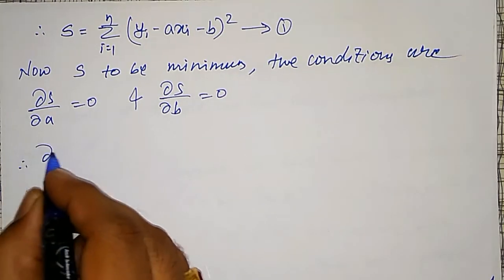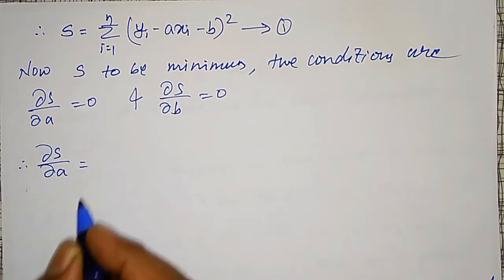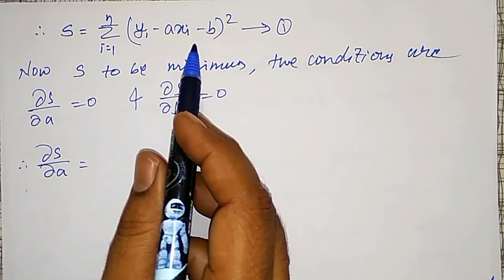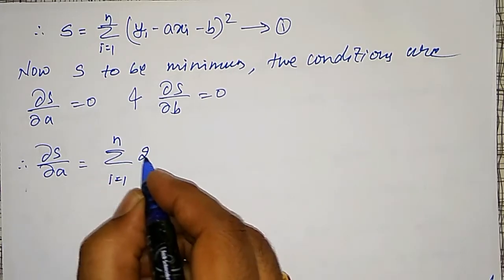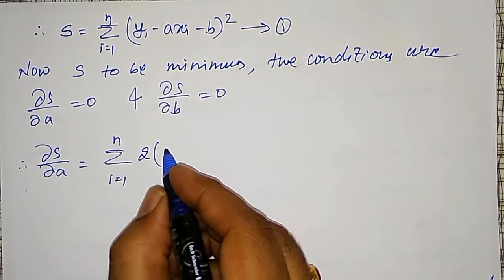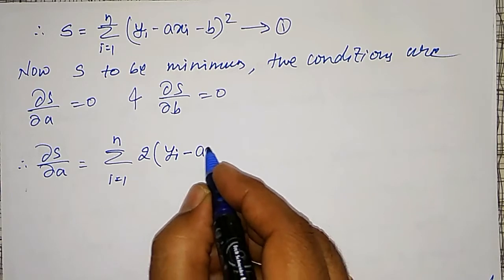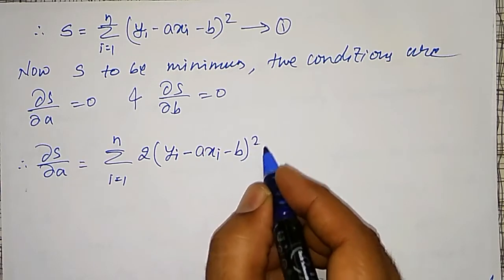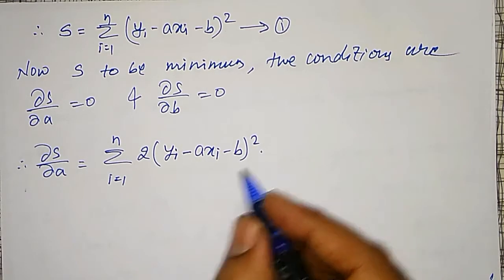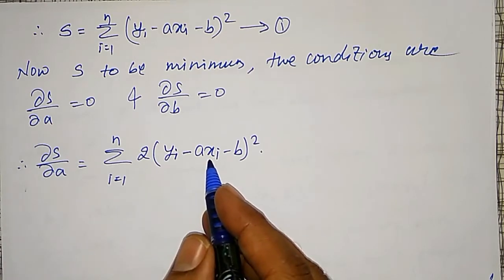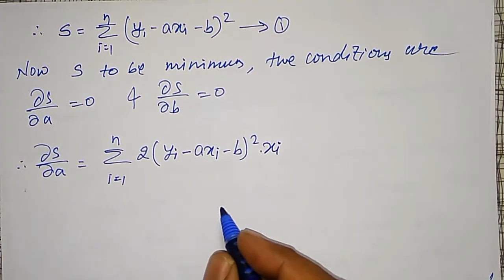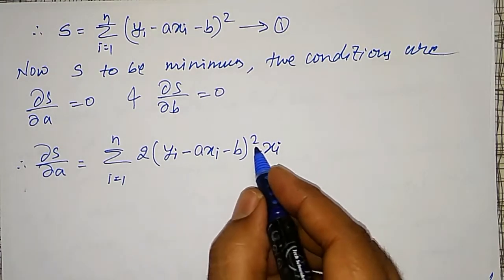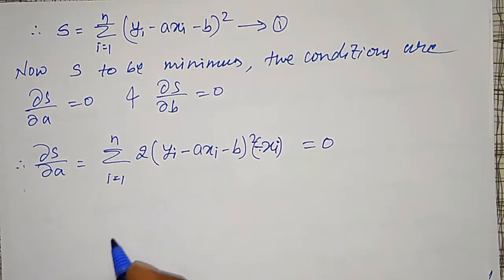Therefore, dou S by dou a is obtained by differentiating partially with respect to a: summation i equal to 1 to n, 2 times (yi minus axi minus b), into the derivative with respect to a, which is minus xi, must be equal to 0.